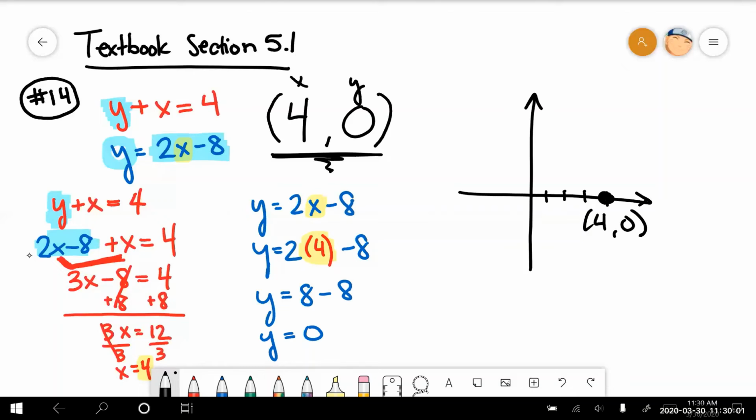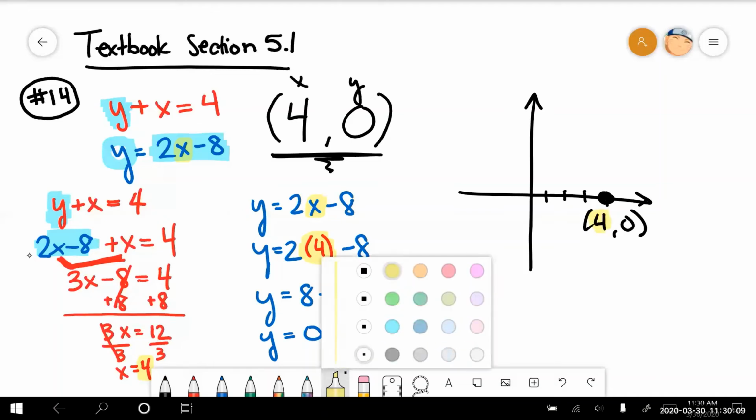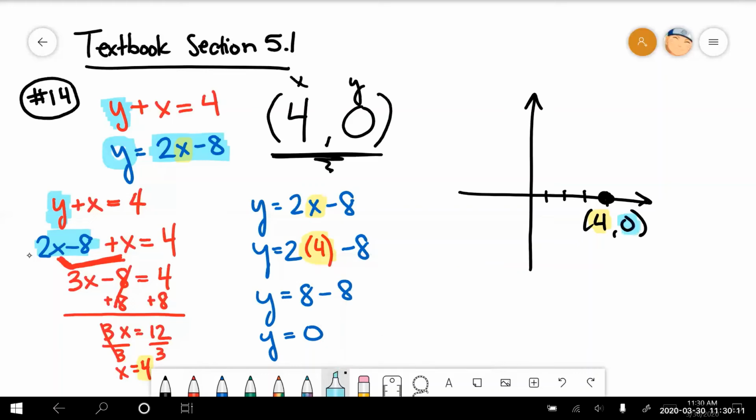Okay, now to confirm that these are true, I can go ahead and do this again, where I substitute everything and prove that they're true. I'm going to do that quickly now just so we can see. Okay, so y plus x equals 4.